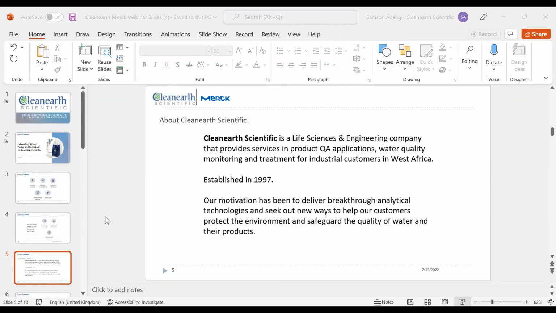We can distribute HPLC grade water, but I would really not recommend using bottled water for such a critical application like HPLC, because like I mentioned during the presentation, the moment you open that bottle of water, you cannot guarantee the specifications of that water again.